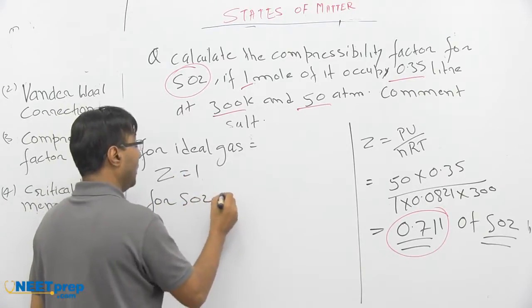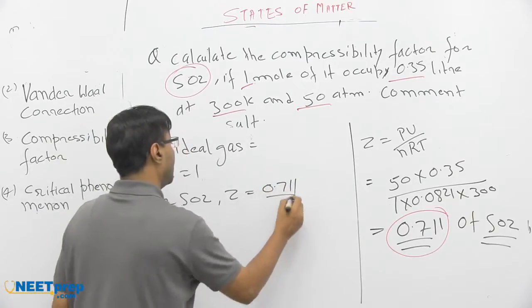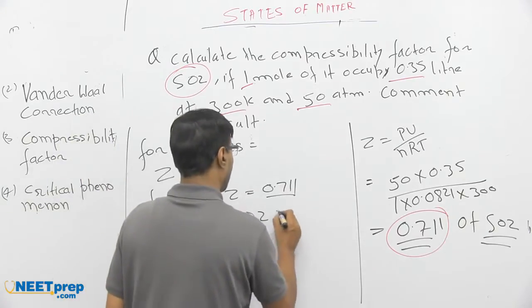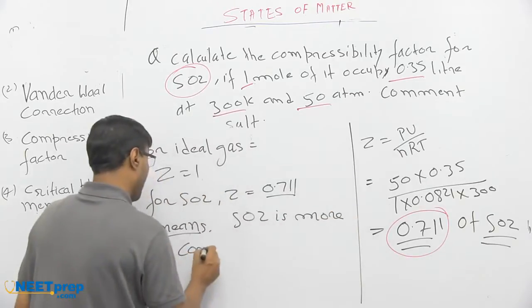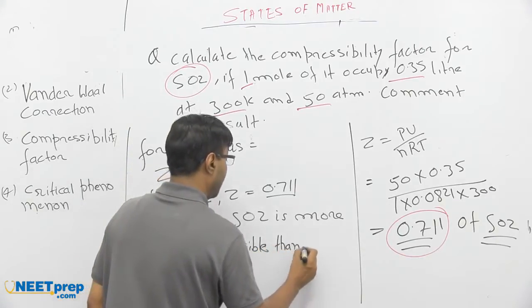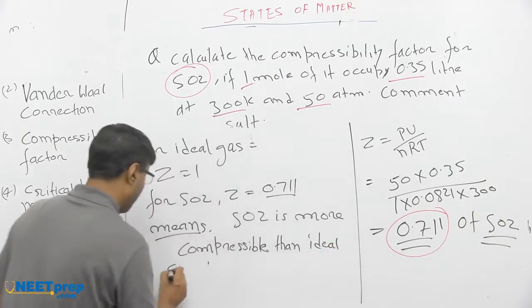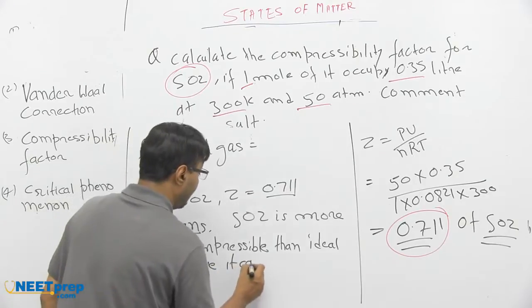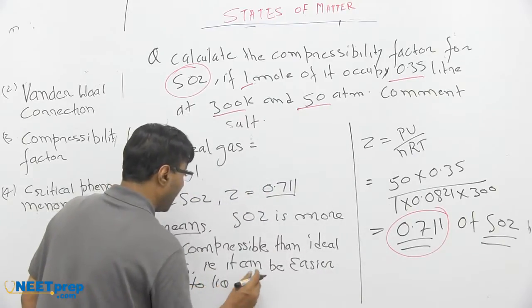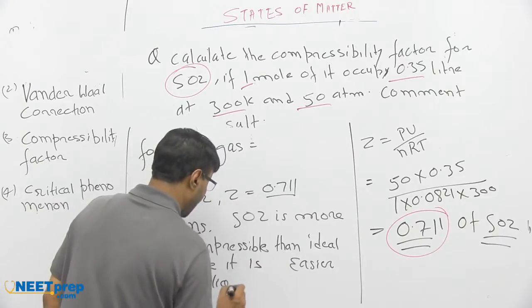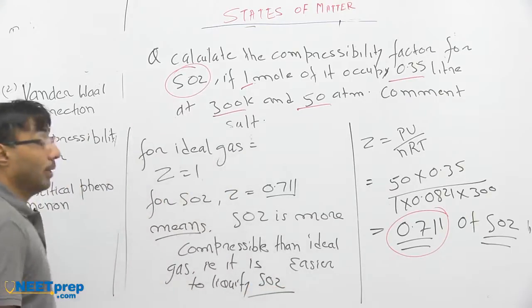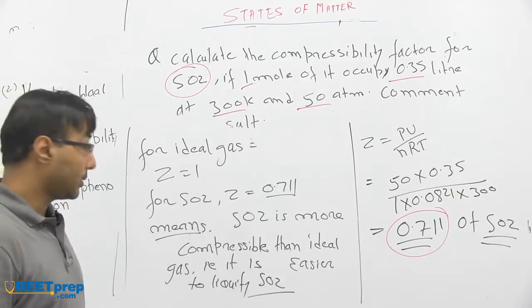For SO2, Z is equal to 0.711, which means SO2 is more compressible than ideal gas, i.e. it is easier to liquefy SO2 in comparison to ideal gas.